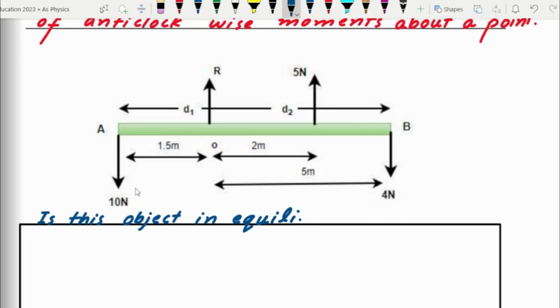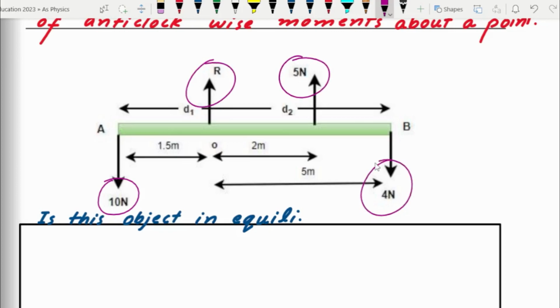In order to solve this kind of question, you see we have plenty of forces. You have the first force over here, then there's another force, then a third force, and then the fourth force. The very first thing is that you need to select a pivot. You need to choose a point that you'll be calling the pivot.